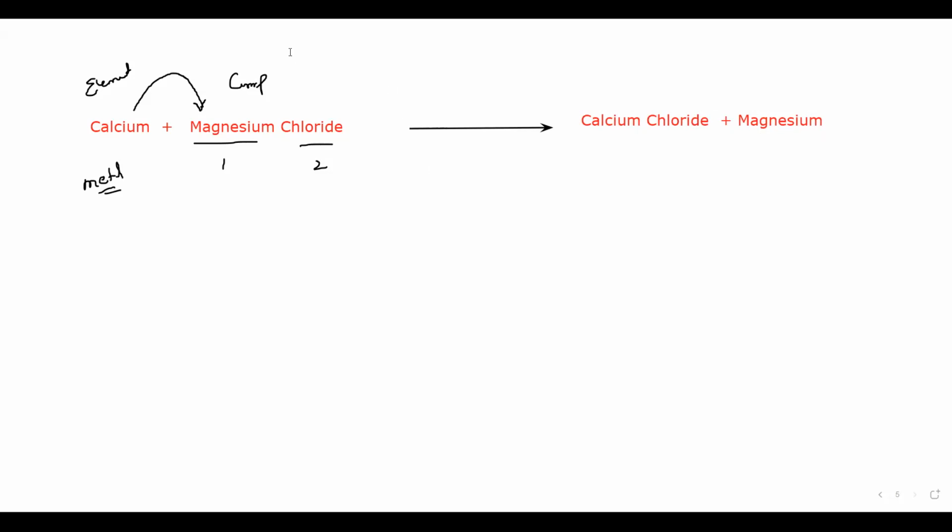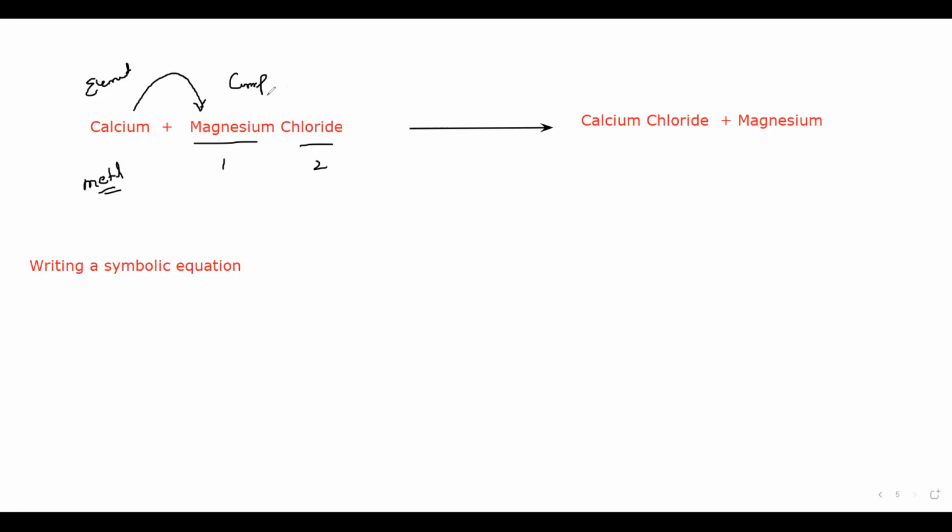Okay. Then the second part is writing a symbolic equation, writing and completing a symbolic equation. So how can we write a symbolic equation? As we already discussed, if a substance is an element, we check whether it's a metal or non-metal.